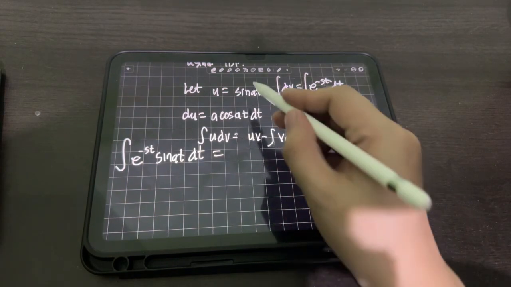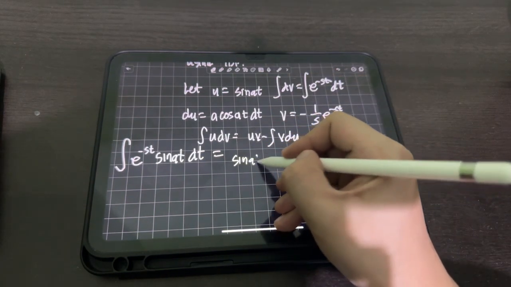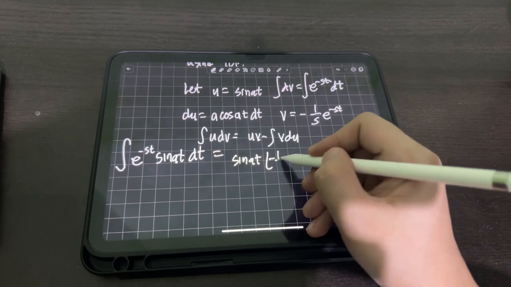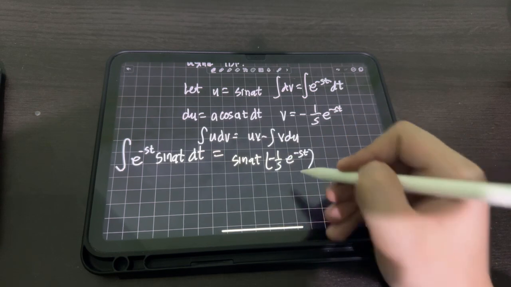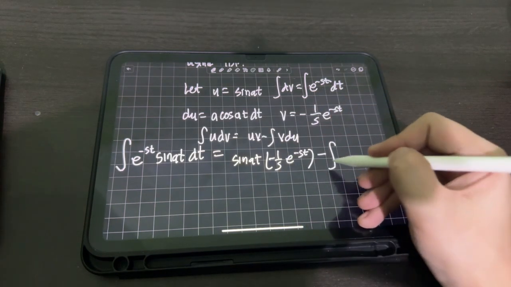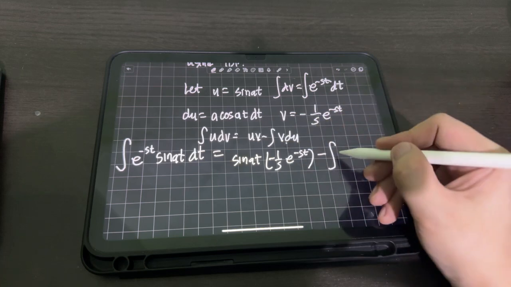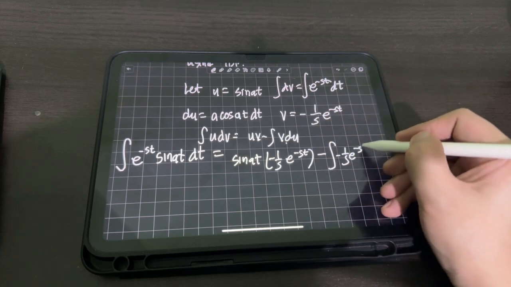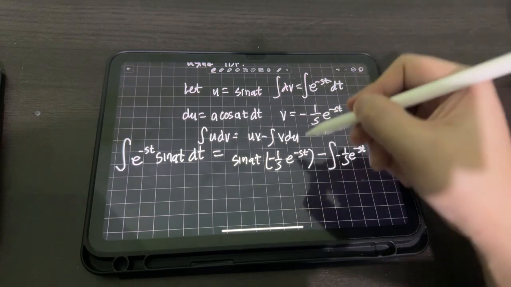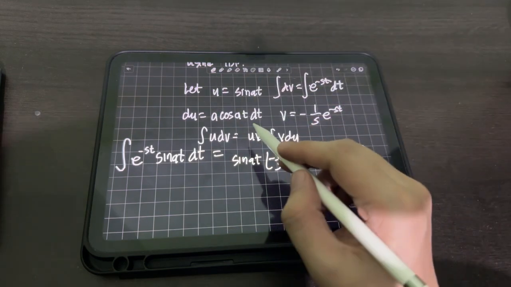Our u is sine at. Our v is negative 1 over s e to the negative st. Then minus the integral of v, which is again negative 1 over s e to the negative st, du, which is a cosine at dt.